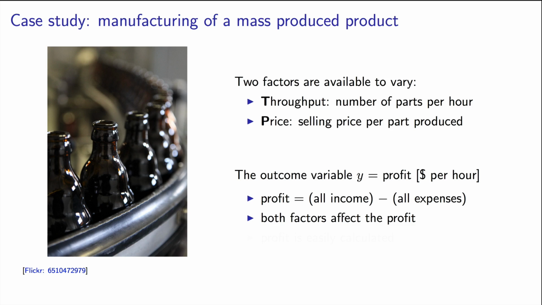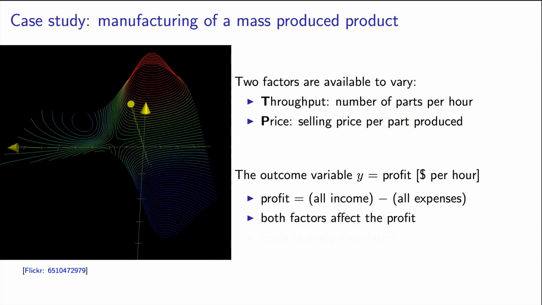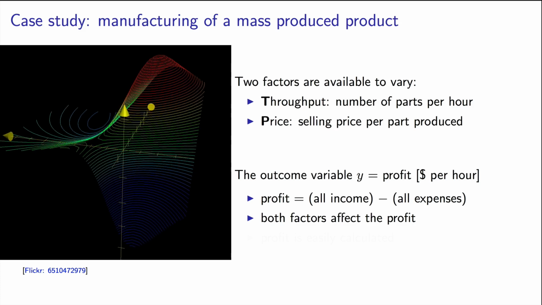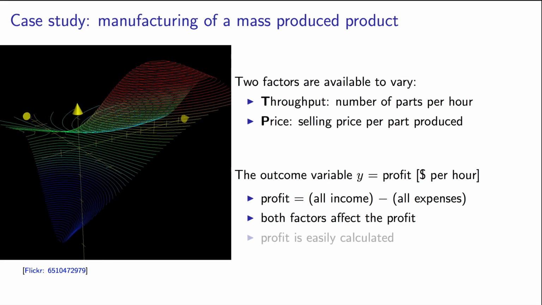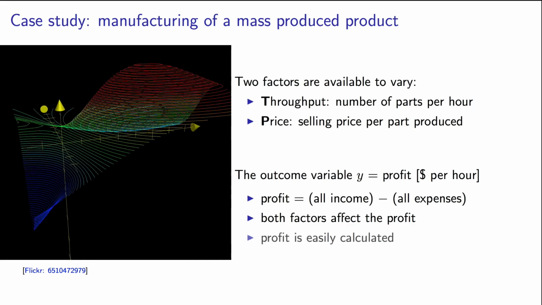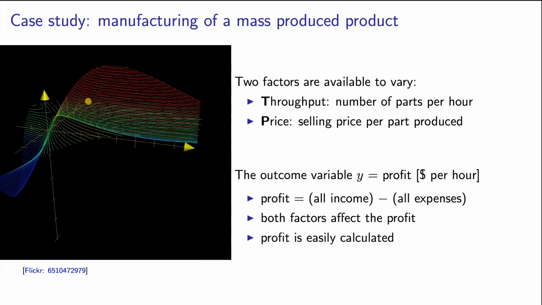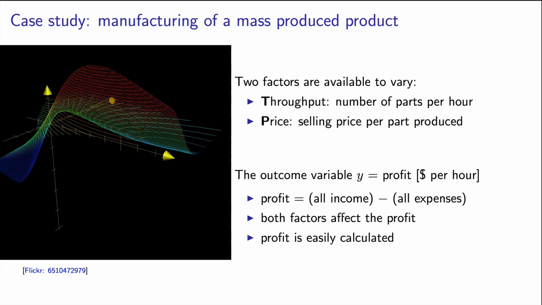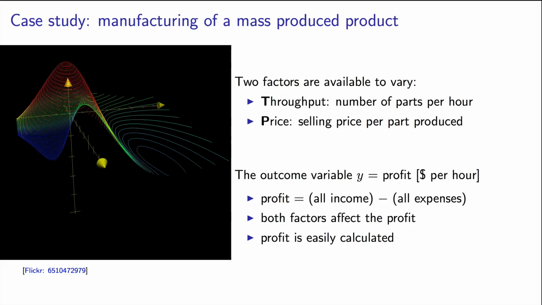At higher throughput, we also have more product now to sell, so my profit could go up or it could go down. I'm really not sure. There is an optimally profitable point, not too fast and not too slow. Another bonus is that the profit value is relatively easy to calculate if you have all the costs and incomes available. And it is relatively precise. There's a low amount of noise.